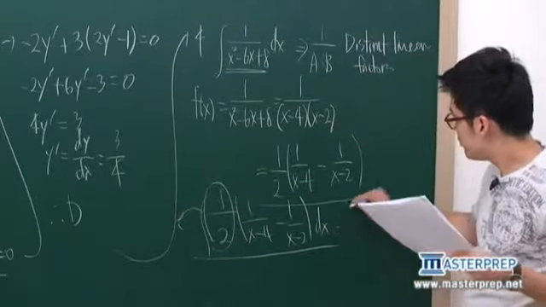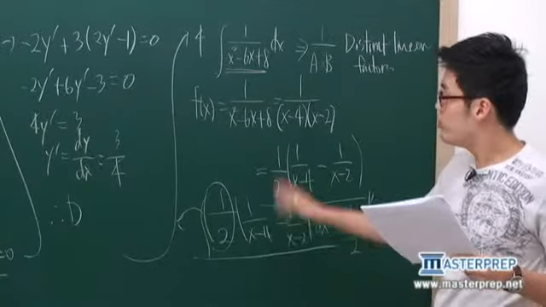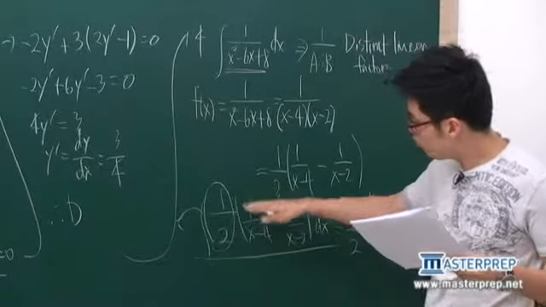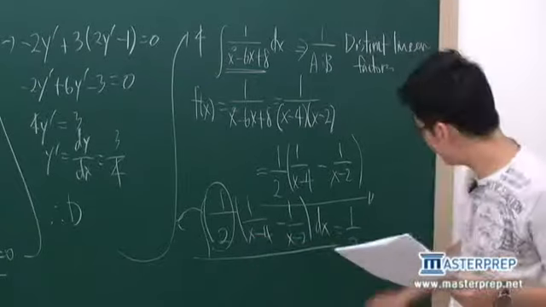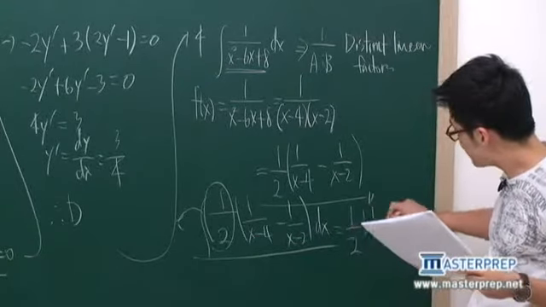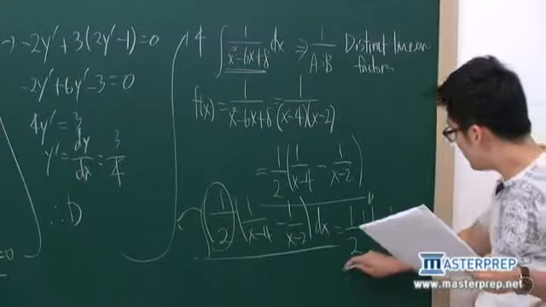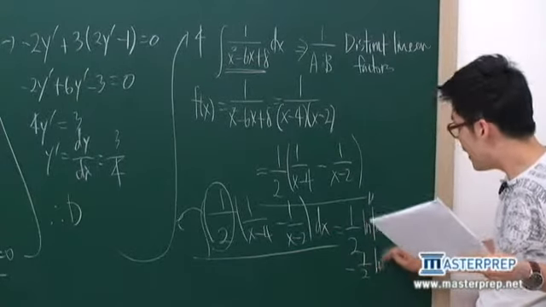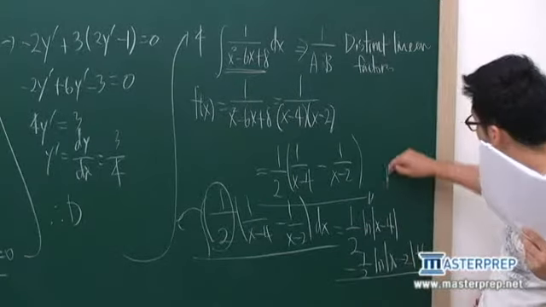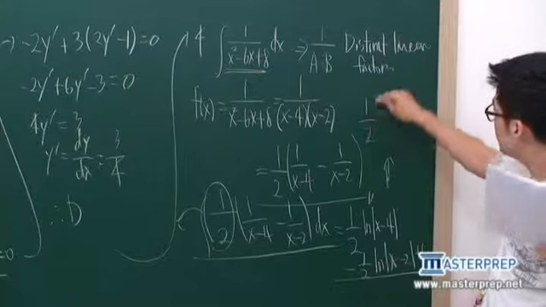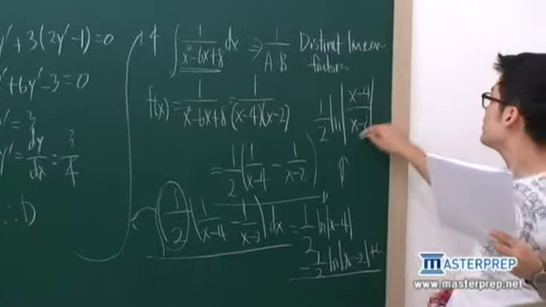So 1 over 2, and we already know the integral of 1 over x minus 4 is ln|x minus 4|, minus 1 over 2 ln|x minus 2| plus a constant. And we can change this into 1 over 2 ln|(x minus 4) over (x minus 2)| plus a constant.